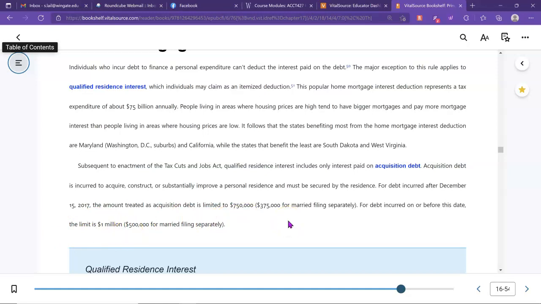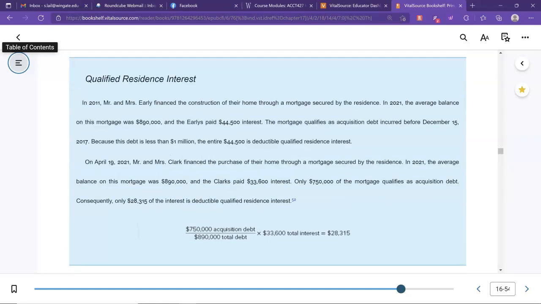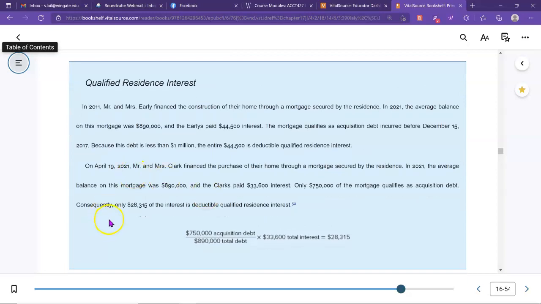So unless I tell you otherwise, we're going to assume we've moved on to the new limit of $750,000. But don't always assume that's going to be the case when you're in practice, because that's only 5 years ago, and most mortgages are 30 years. So you're going to have that kind of decision. Here's the example that the book walked through.